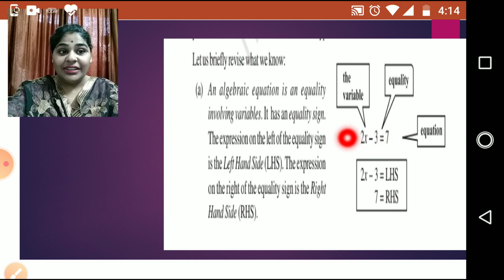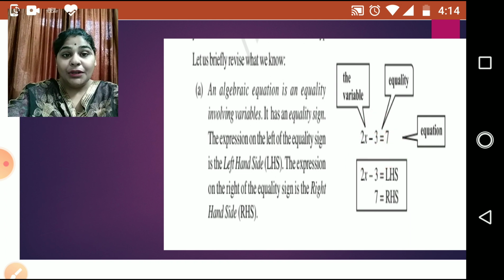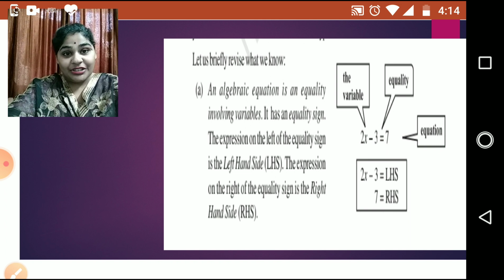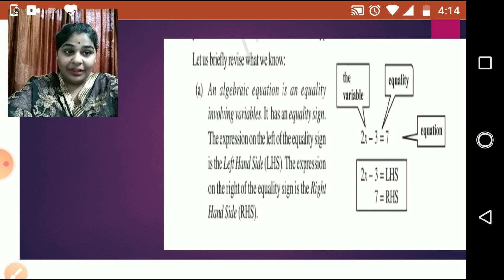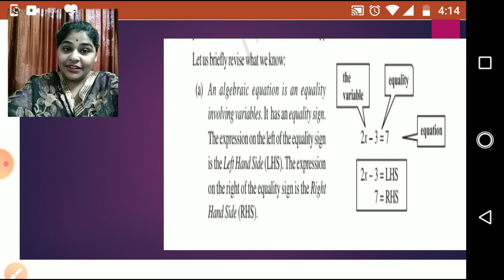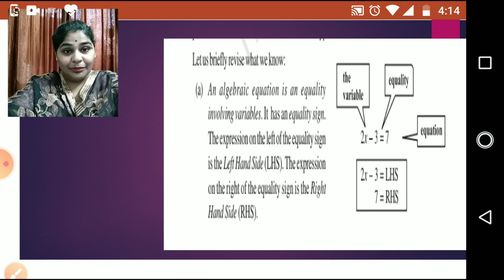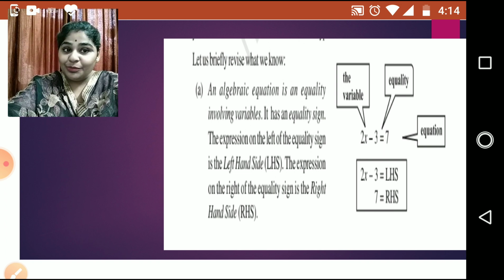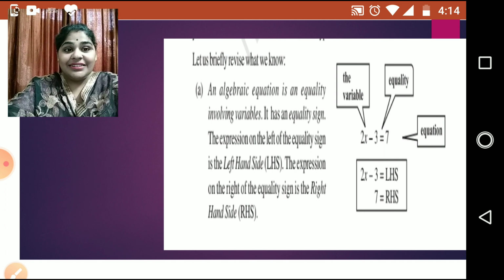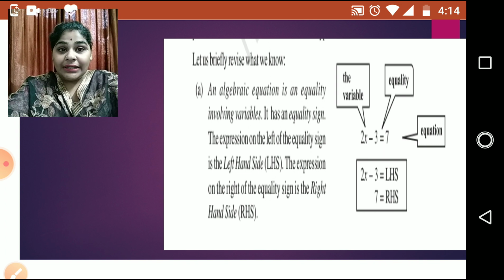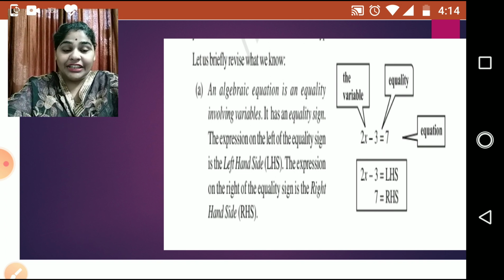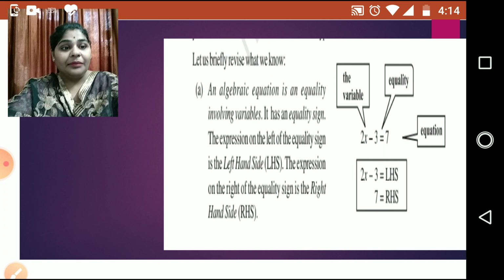So this is known as a linear equation in one variable. One variable, since there is only x as a variable. And why is it linear? Because the power of the variable is 1, not more than 1. So this is an algebraic equation, a linear equation in one variable.